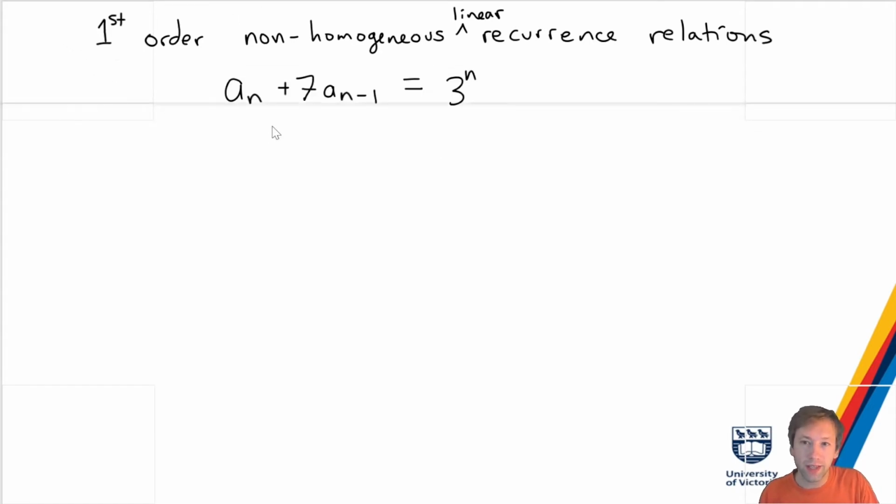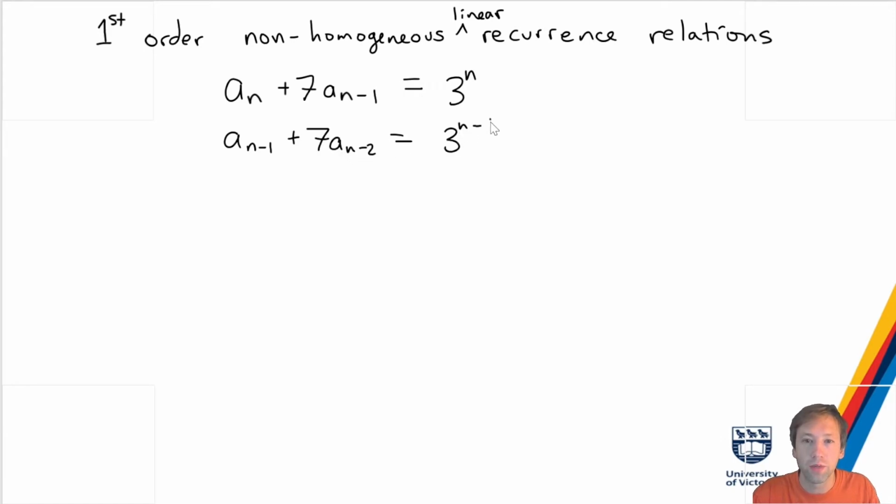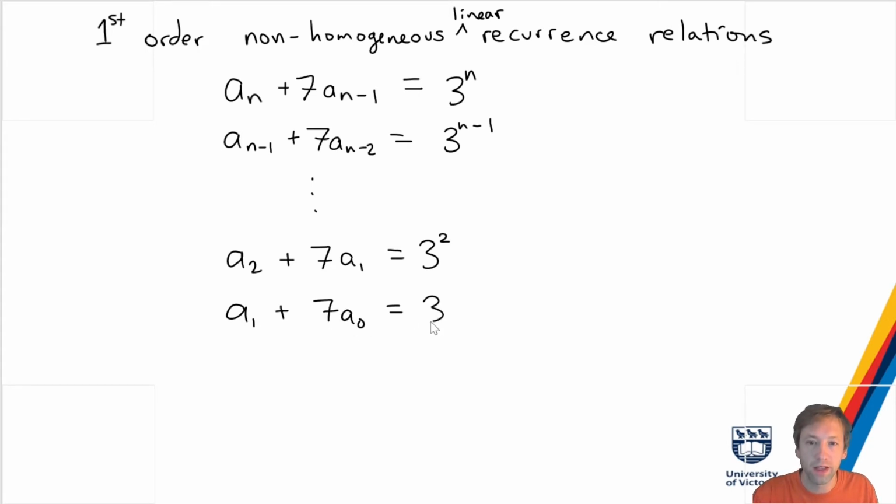And what we basically did is we take a similar equation for the previous term. So an minus 1 plus 7 an minus 2 equals 3 to the n minus 1, and so on and so forth, down to, let's say, a2 plus 7 a1 is 3 to the 2, or 3 squared, and then a1 plus 7 a0 is 3 to the 1.